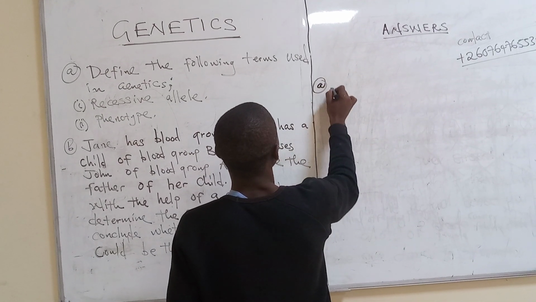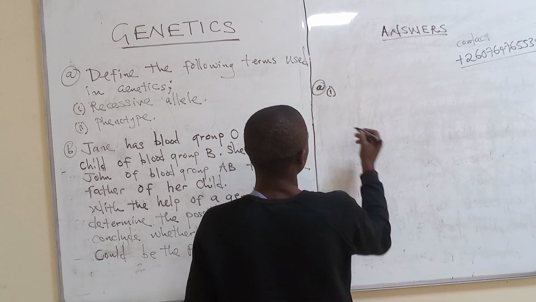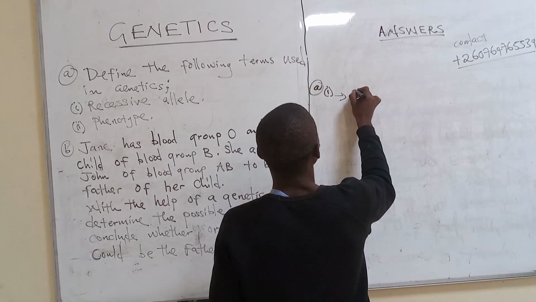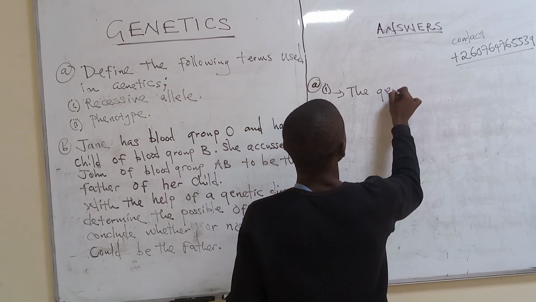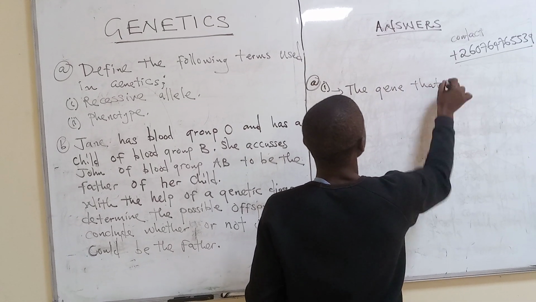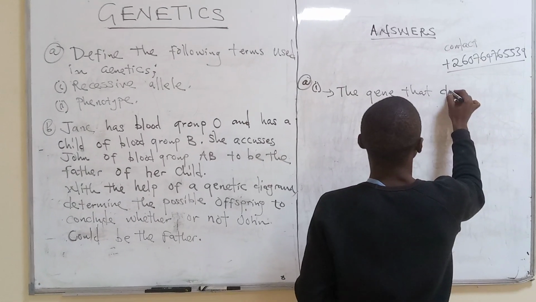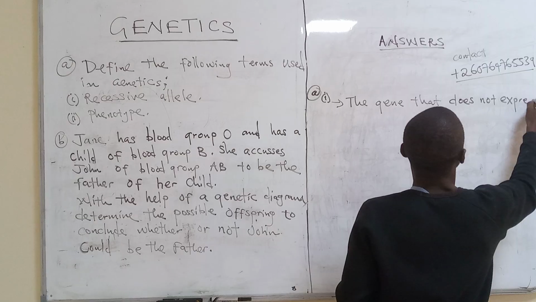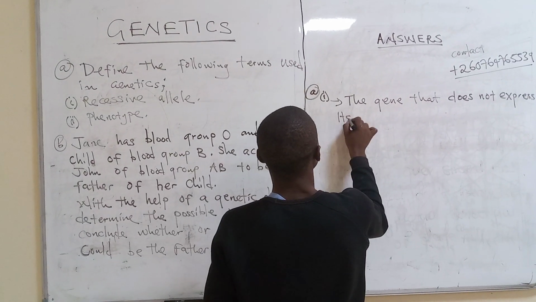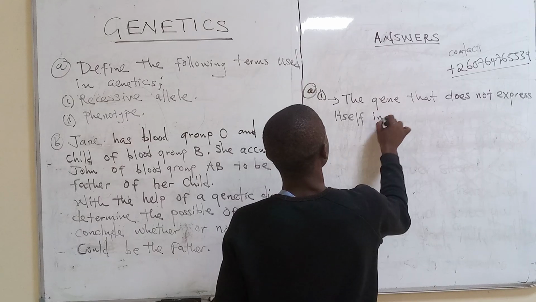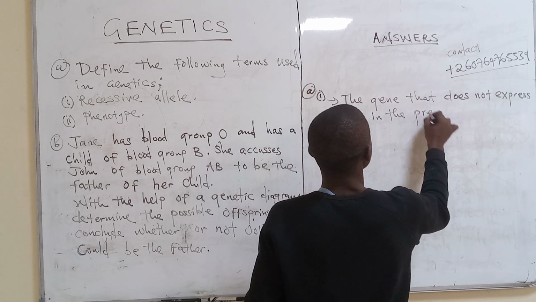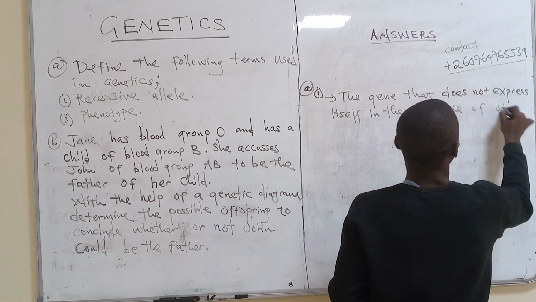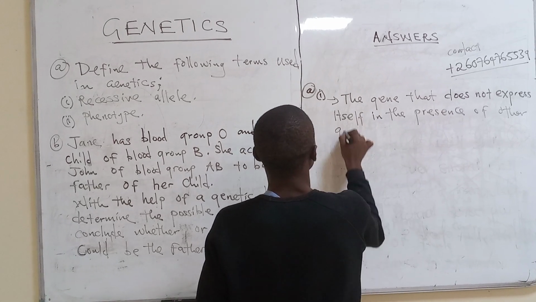So a recessive gene is just the gene that does not express itself in the presence of other gene.